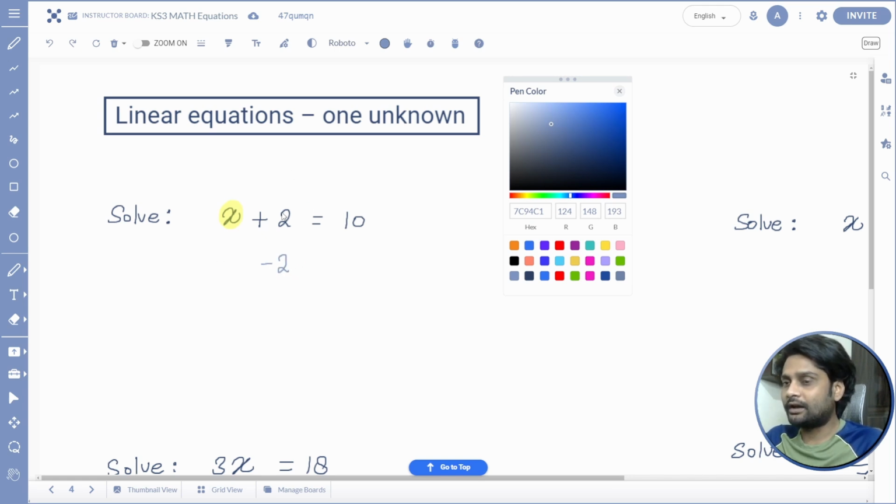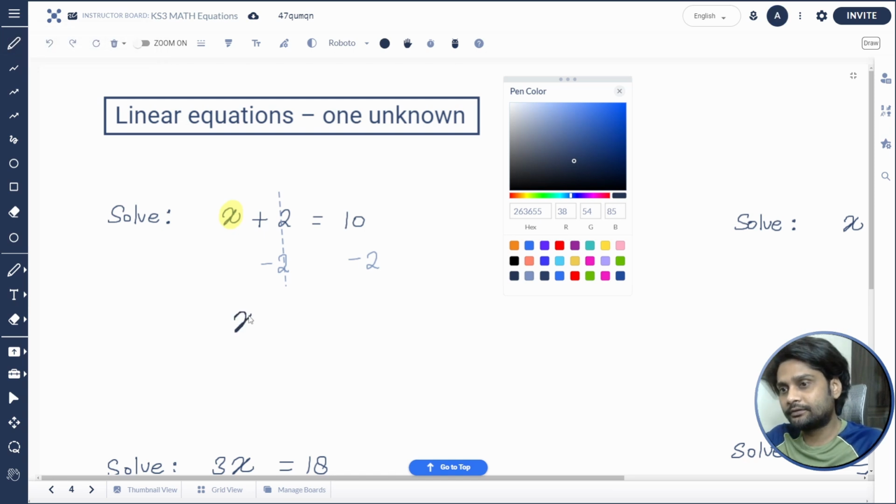But whatever we do at the left hand side, exactly the same process we need to do even at the right hand side. And this is how we subtracted 2 from both the sides. So on the left hand side, we are left with only x because 2 has got cancelled with this negative 2. On the other hand, we have 10 minus 2, which is going to give you 8. So x equals 8 is your answer.